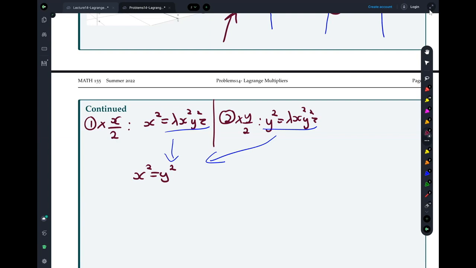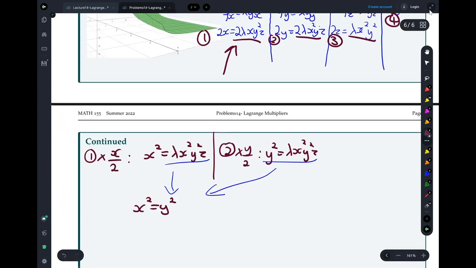So all I've done there is manipulate the right-hand side of these two equations, 1 and 2, by multiplying the first one by x over 2 and the second one by y over 2. The reason I chose those values is just to get the right-hand sides equal to each other, and then I can equate them. Okay, so this gives me x squared is equal to y squared.